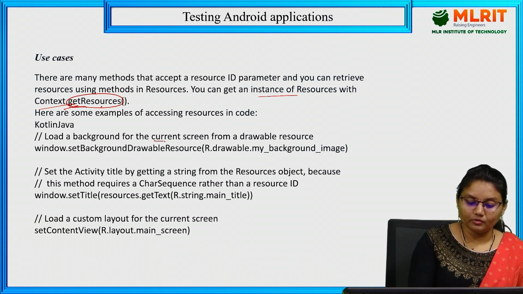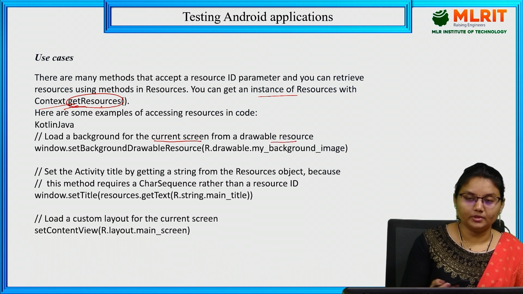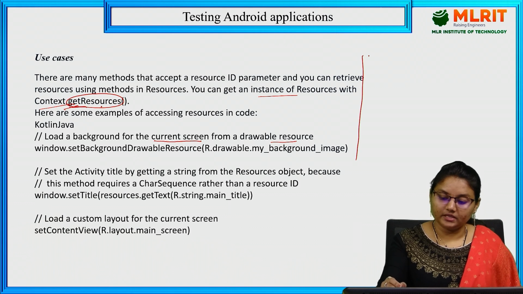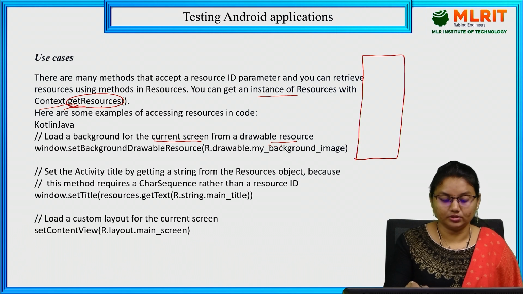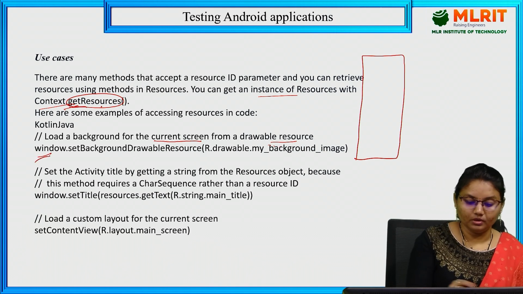Load the background for the current screen from the drawable resource. Whatever activity you have, the background of the activity should be loaded with the drawable resource. That means window, activity, right?